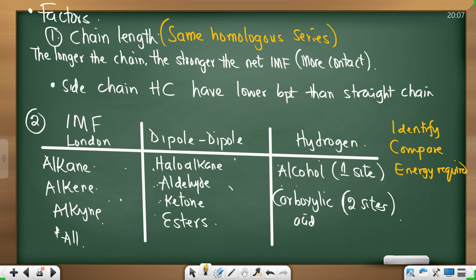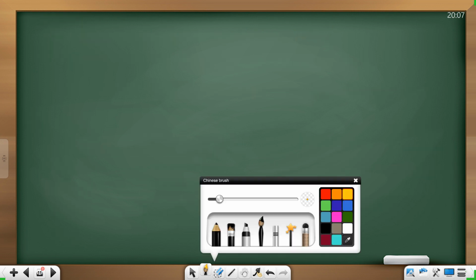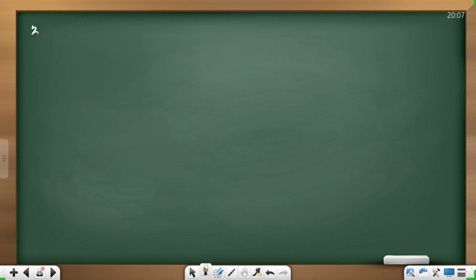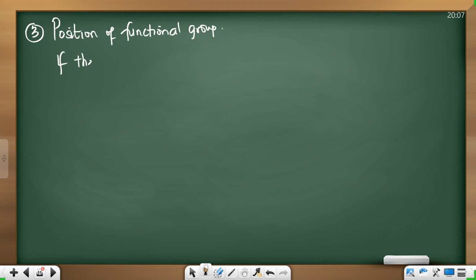The third factor, which is not very common, Nonku mentioned that. She must have been following my teachings. The position of the functional group. If the functional group is on the terminal carbon, the boiling point or the melting point is high.